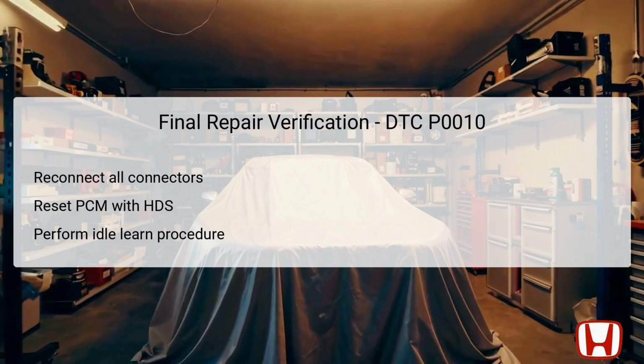Once everything is secure, turn the ignition switch to the on position to activate the vehicle's systems. Proceed to reset the PCM using the Honda Diagnostics system to refresh it for new data signals. Completing the PCM idle learn procedure is critical to recalibrate the PCM for optimal engine performance.